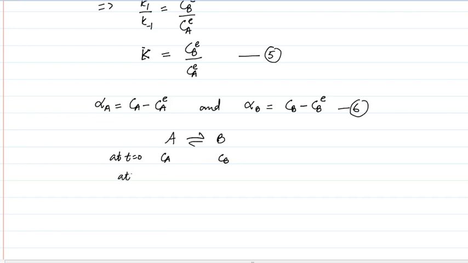Now at T is equal to some time, suppose x moles of A have reacted to form x moles of B. That means now the concentration will be Ca minus x, because from A, x moles have reacted to form B. Its concentration will increase, so we will write it as Cb plus x.